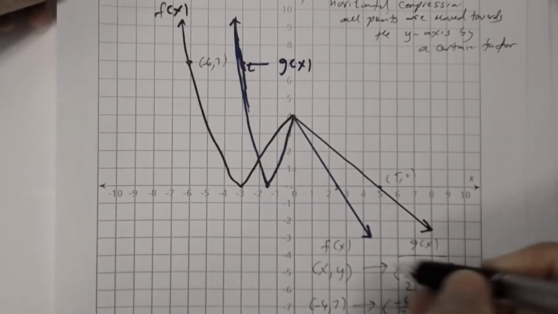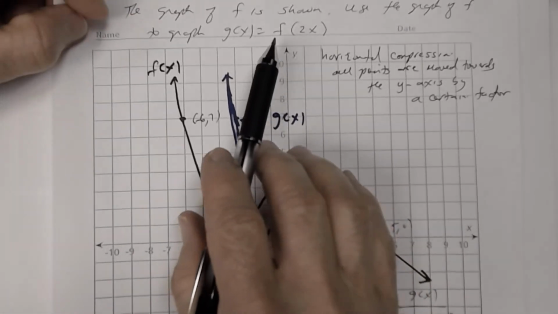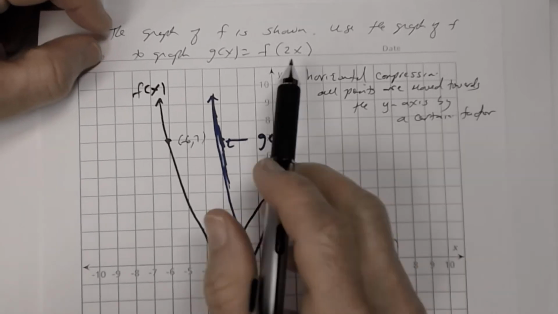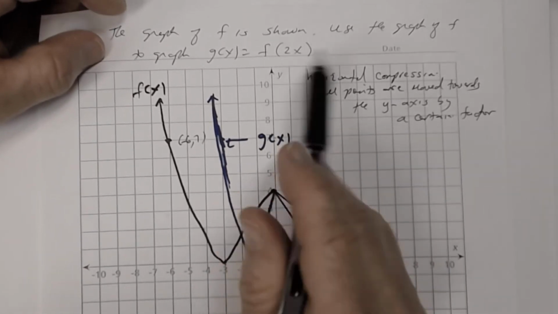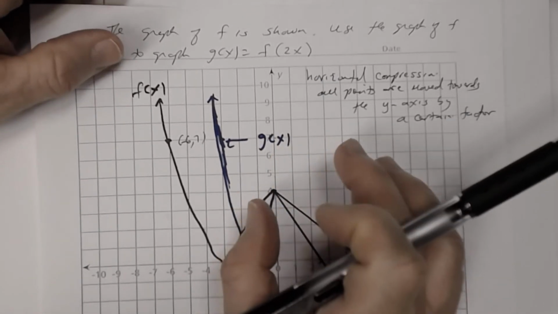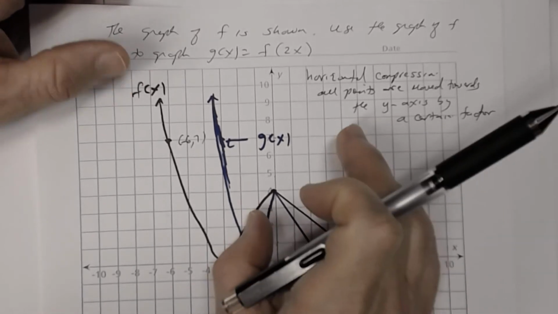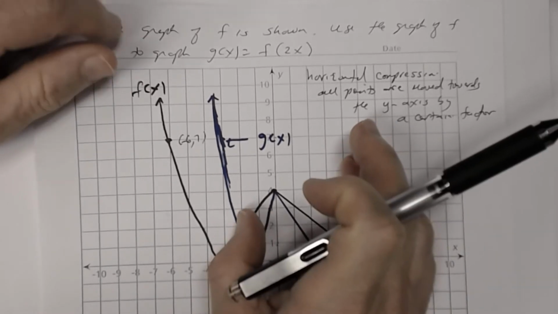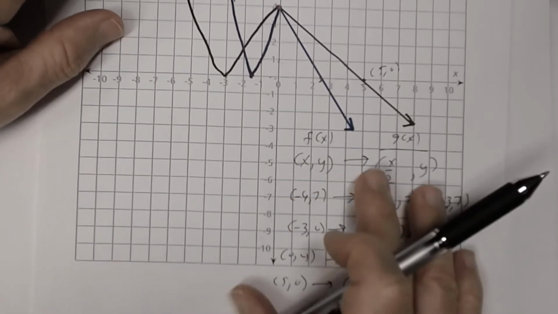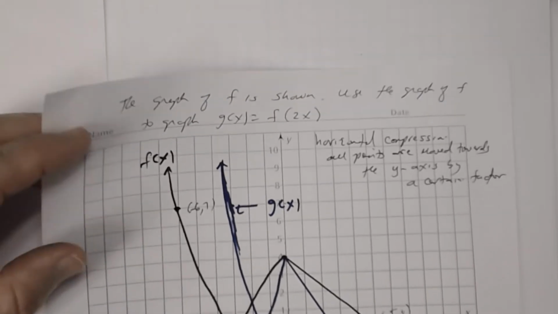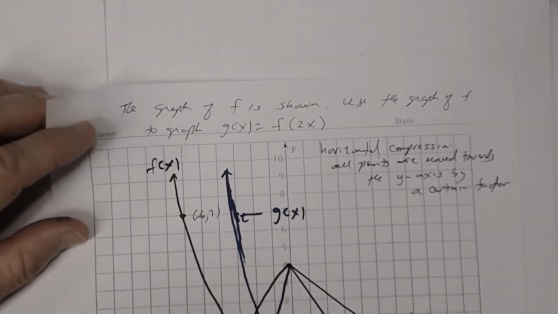Notice what we had to do here. You could have done this in your head, but it helps. Whenever you're dealing with a vertical compression or vertical shrink or horizontal compression or horizontal shrink, it's best to actually write out the points. What do they become? Okay, so that was number 6.